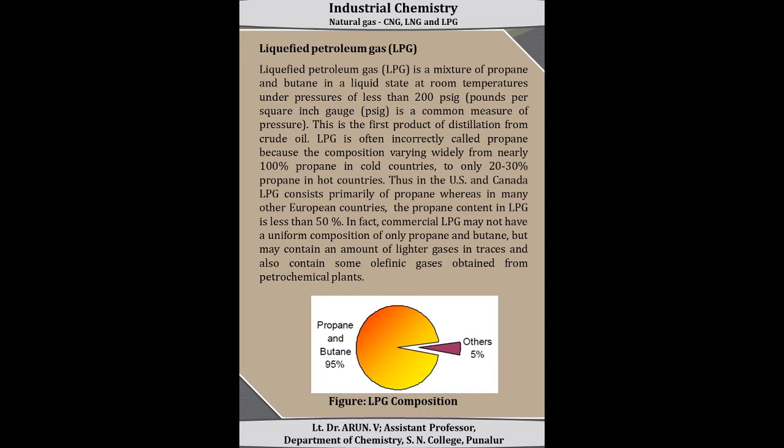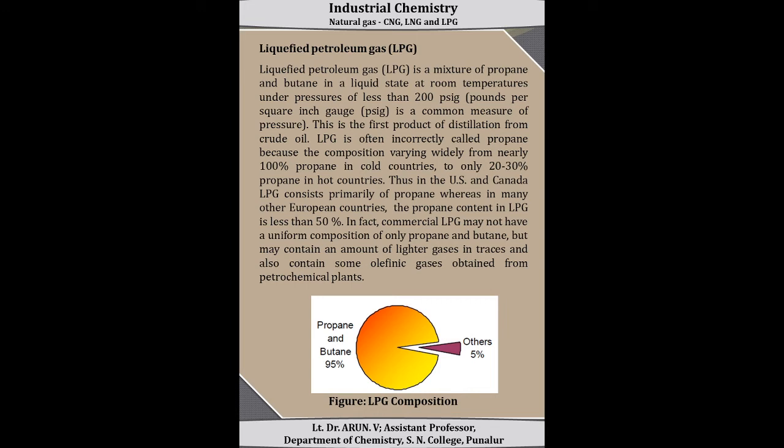LPG is often incorrectly called propane because the composition varies widely from nearly 100% propane in cold countries to only 20 to 30% propane in hot countries. Thus, in the US and Canada, LPG consists primarily of propane, whereas in other European countries, the propane content in LPG is less than 50%.